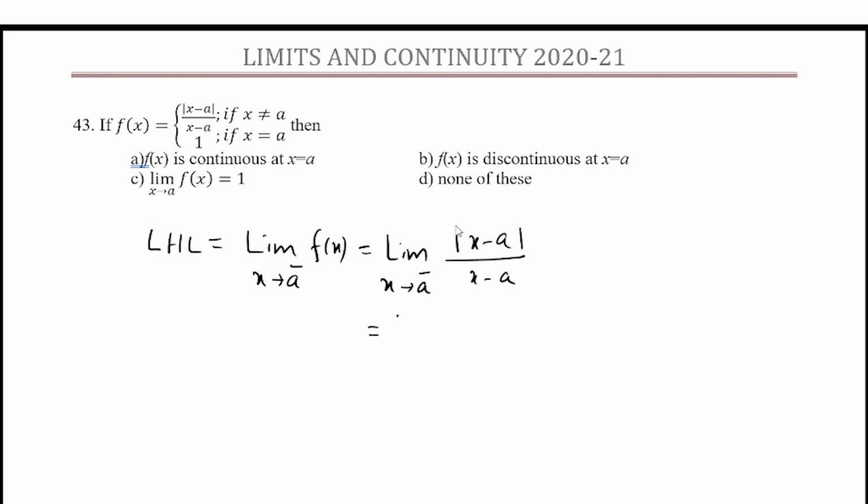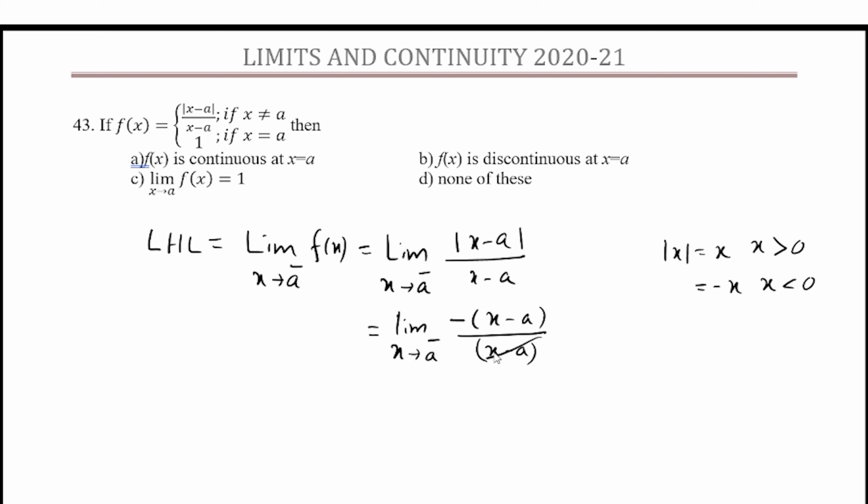Now here, limit x tends to a minus, definition of modulus function, mod x is equal to plus x if the condition x is more than 0, and minus x if x is less than 0. Take x minus a as x, our mod x is equal to minus x, x is less than 0. Less than is nothing but LHL. So modulus of x minus a value is minus of x minus a, that is minus x minus a divided by x minus a. These two cancel, that is minus 1.